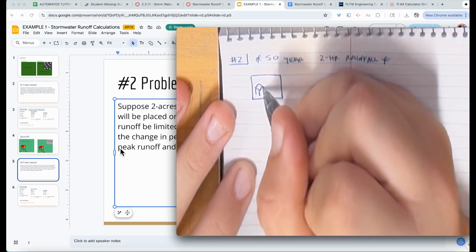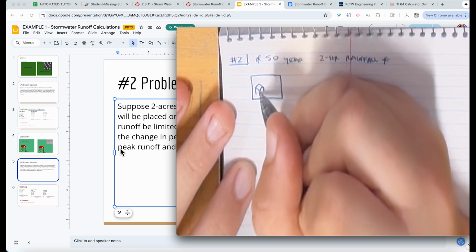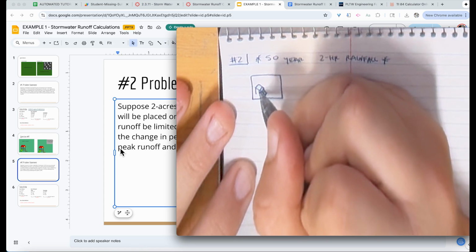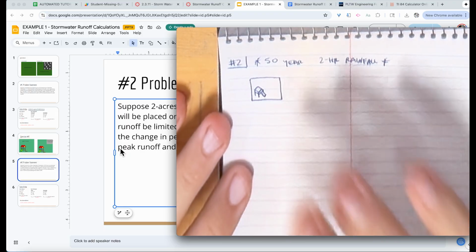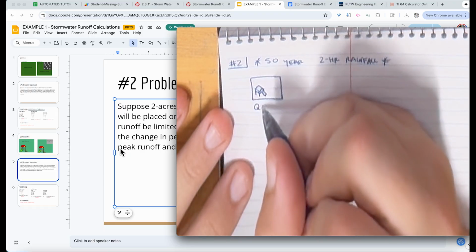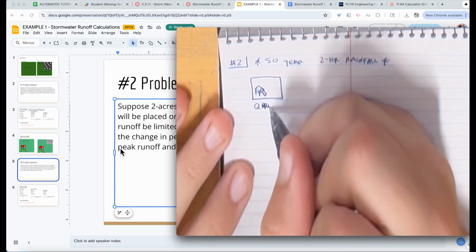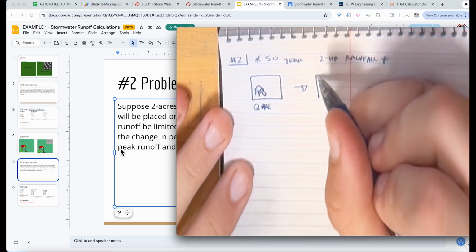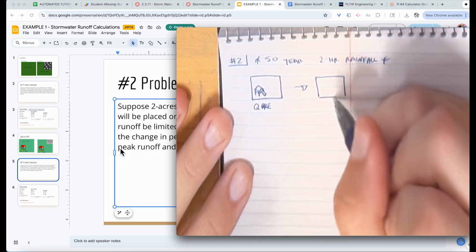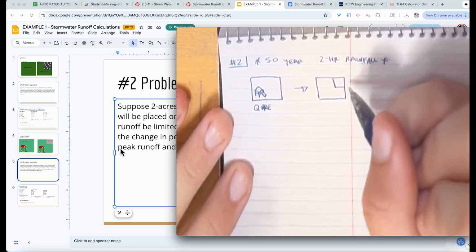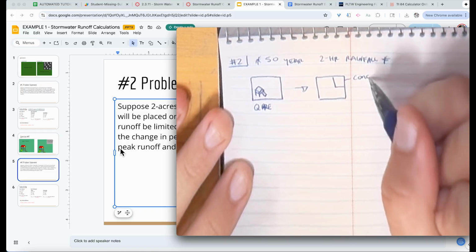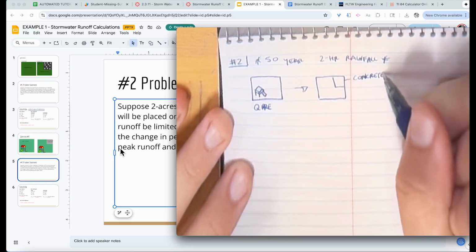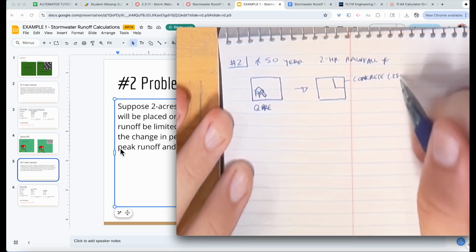This is Q pre. Then we're going to have our development where this becomes concrete right here, and this is 0.25 acres.